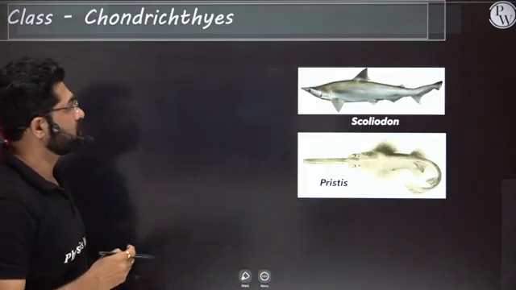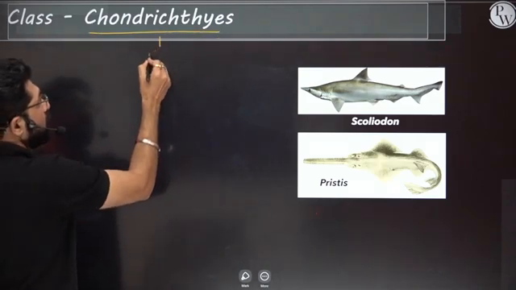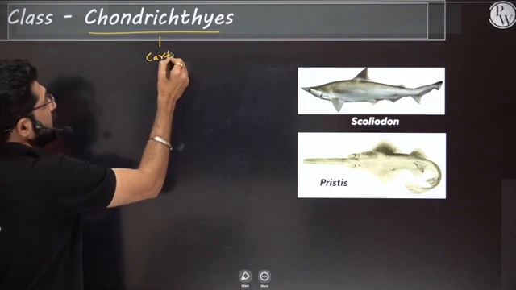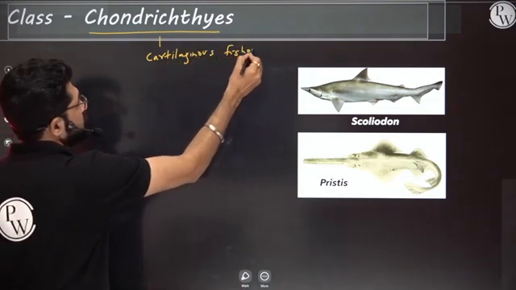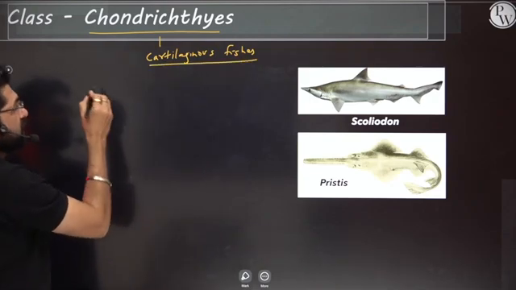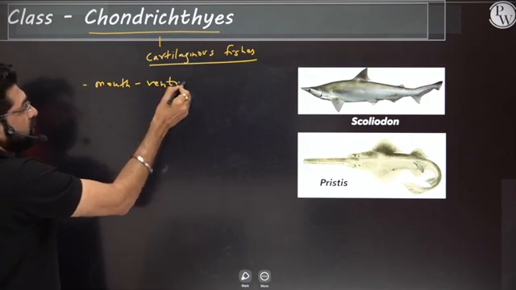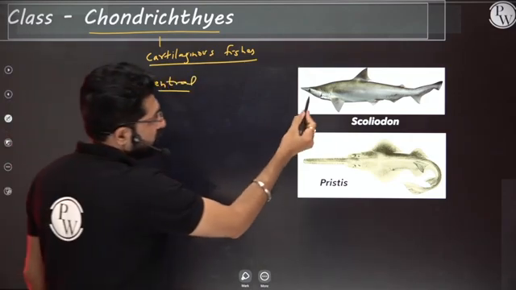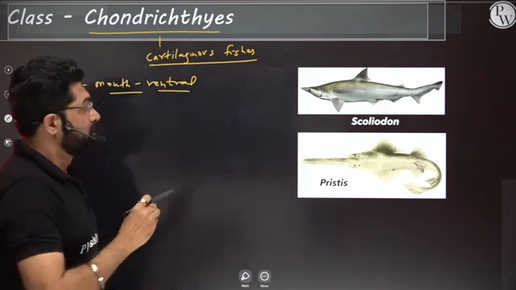Okay, let's move to the next class, that is Chondrichthyes. Chondrichthyes are commonly called cartilaginous fishes. They are characterized by some features: the mouth is always ventral in them, you can see here.